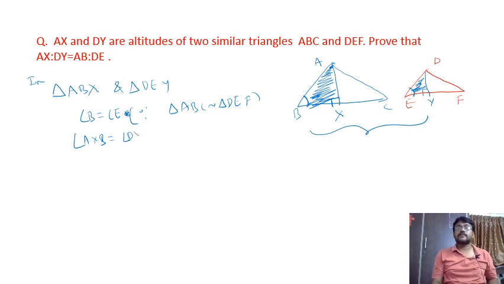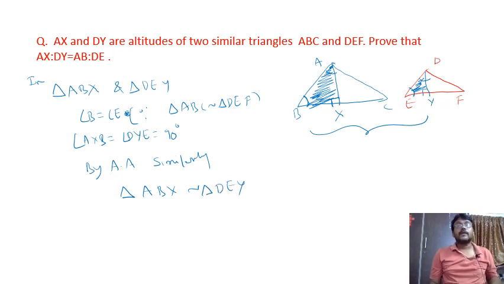So angle AXB is equal to angle DYE is equal to 90 degrees. Two angles are equal, so automatically the third angle will also be equal. That means by AAA similarity, triangle ABX is similar to triangle DEY.